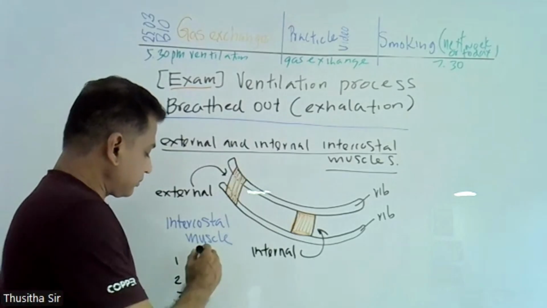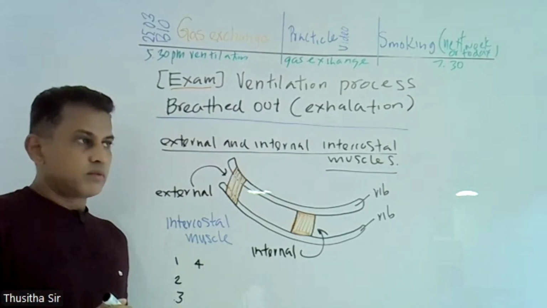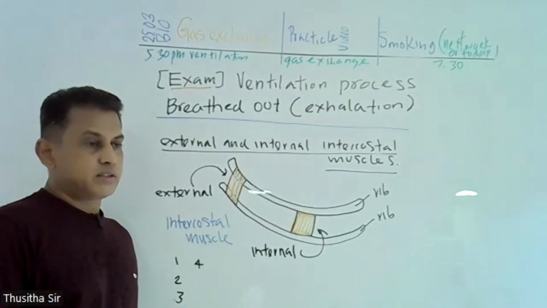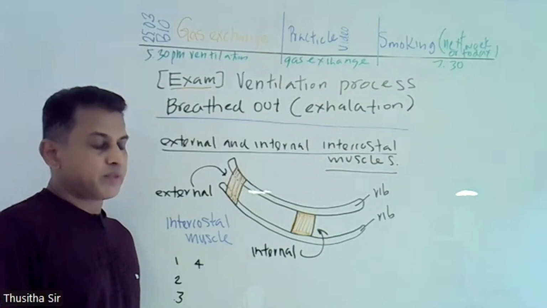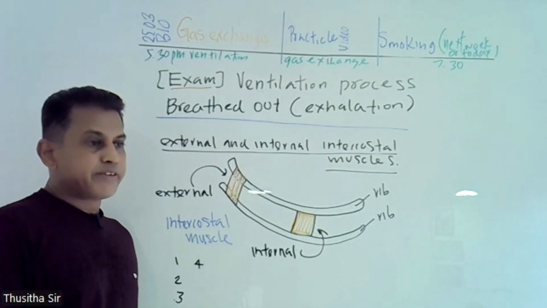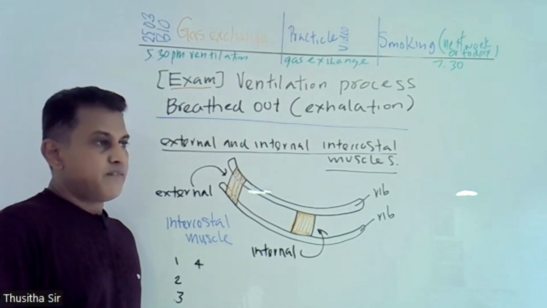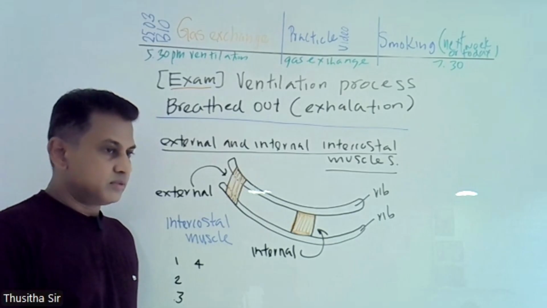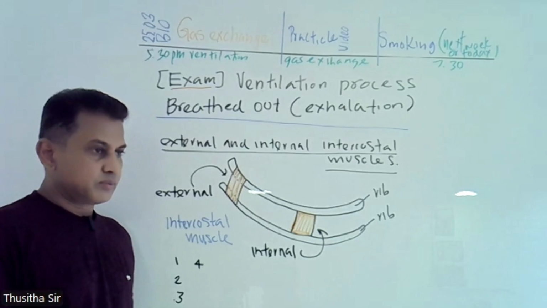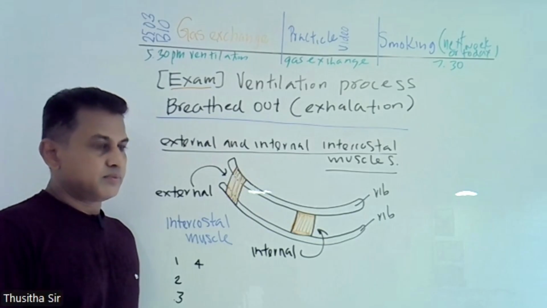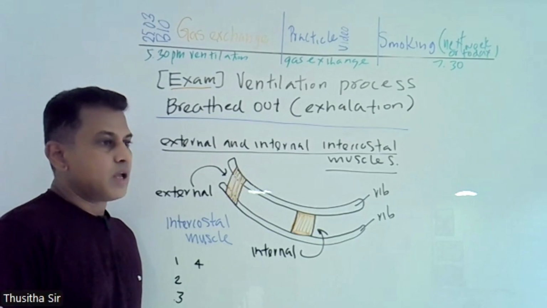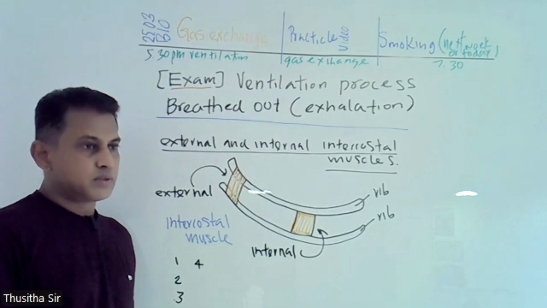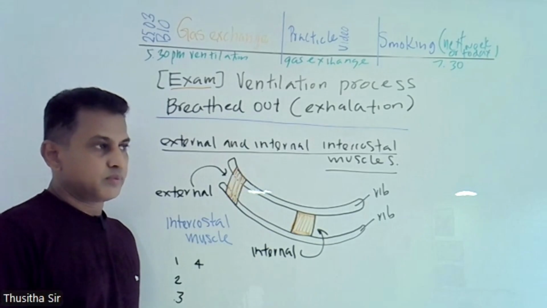Fourth one, when contracting and relaxing of these muscles, the rib cage can move.